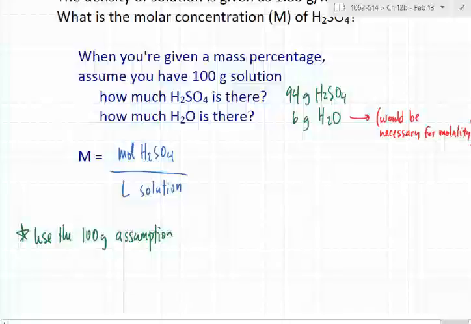So we're going to still take that 100 gram assumption. That's usually the missing piece when students get stuck on a problem like this and you don't have anywhere to go. If you're ever given a percent or given a ppm or ppb or something like that, assume your solution is the actual amount that unit would suggest. So if we have a percent solution, assume we have 100 grams of that solution and go off of that, for instance, to calculate moles. So why don't you see if you can calculate moles?